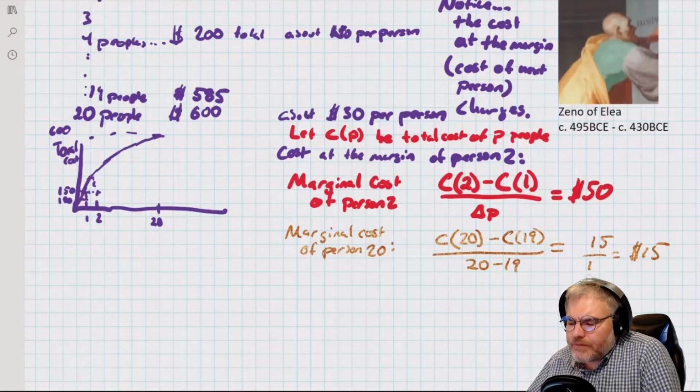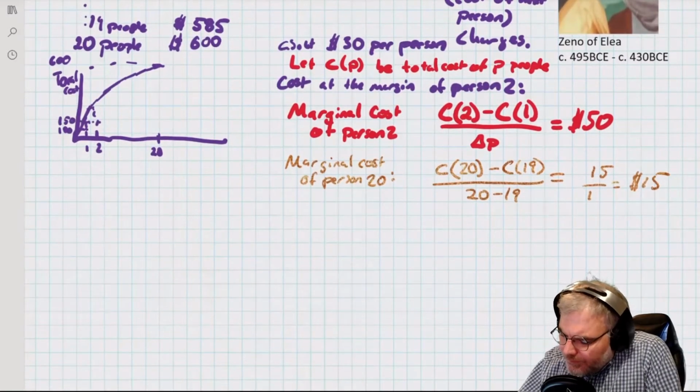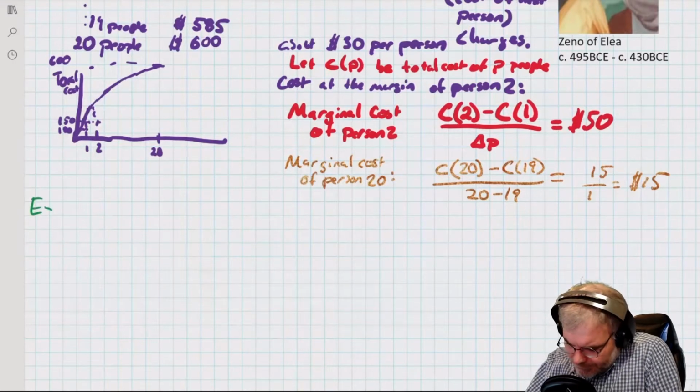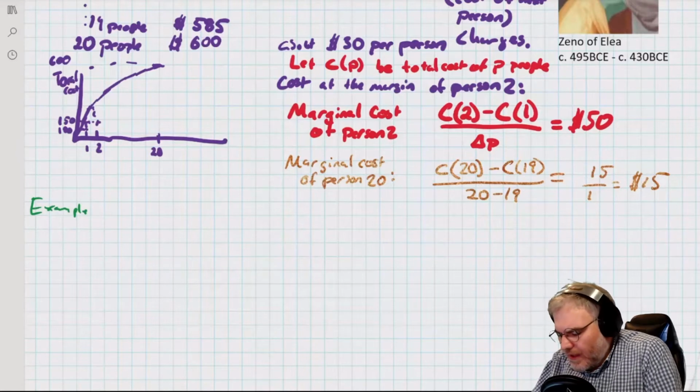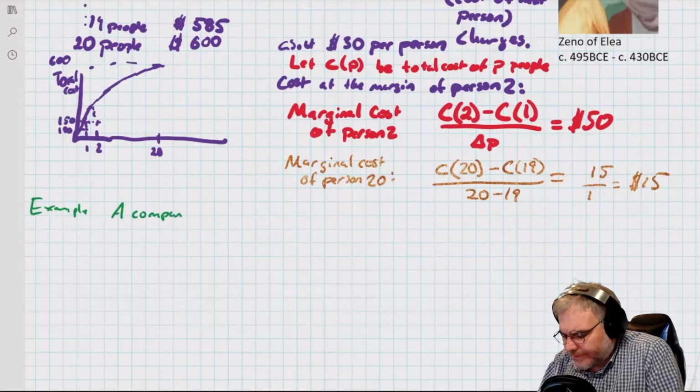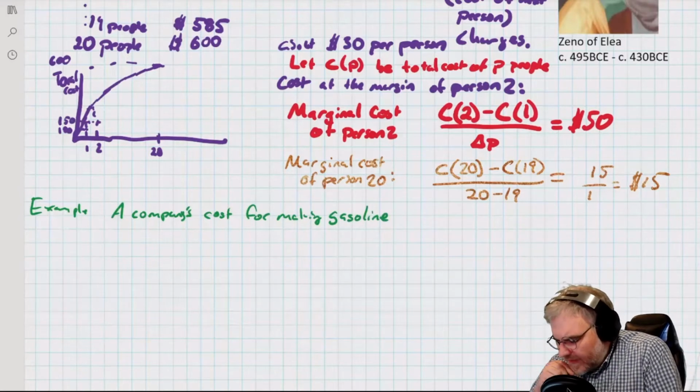Okay. So now, let's look at another example. All right. So let's say that a company produces gasoline. And let's give this a nice little number.